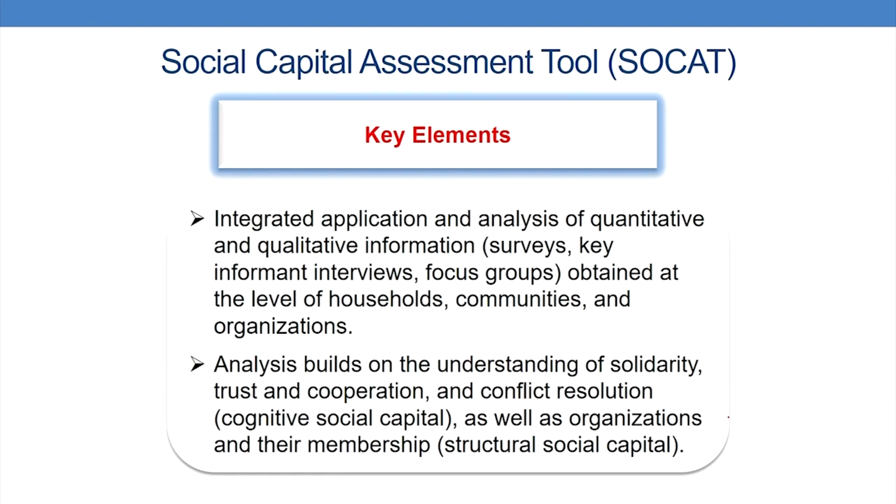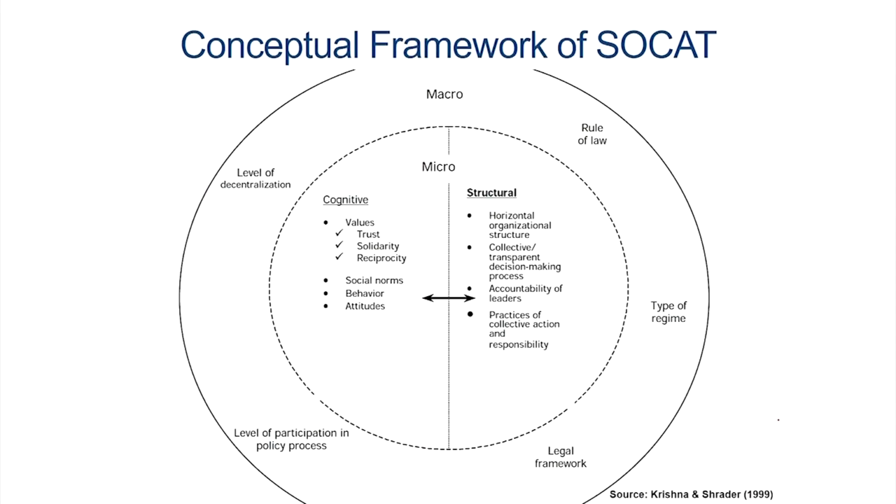Now, let us look at the conceptual framework of SOCAT. This is how it looks, as shown on your slide now, the macro and the micro. Social capital is divided roughly into two levels, the macro and the micro.